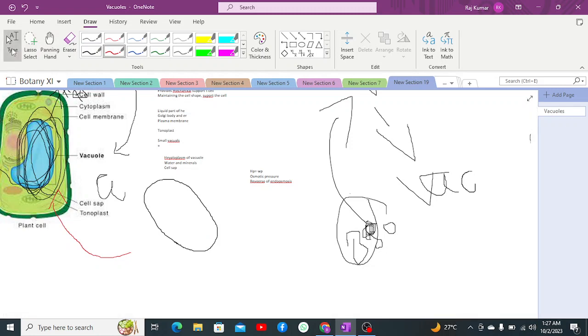Another function of a vacuole is protection of plants. When herbivores come to eat plants, the plants store some poisonous material inside their vacuole.